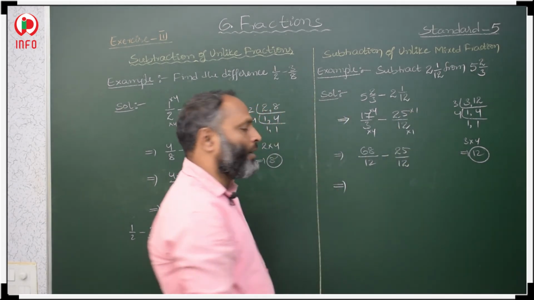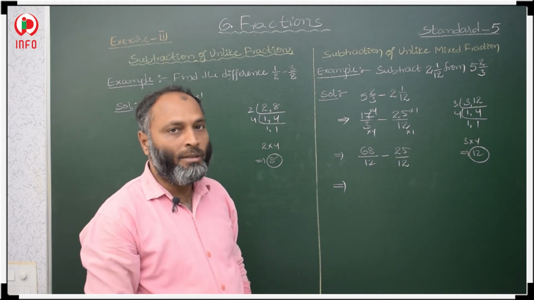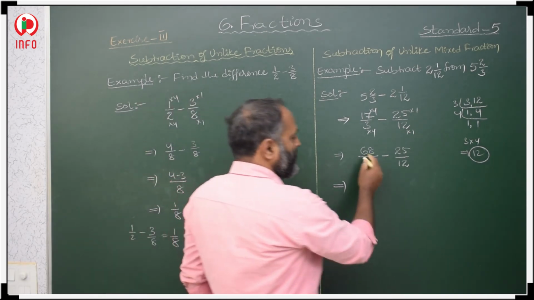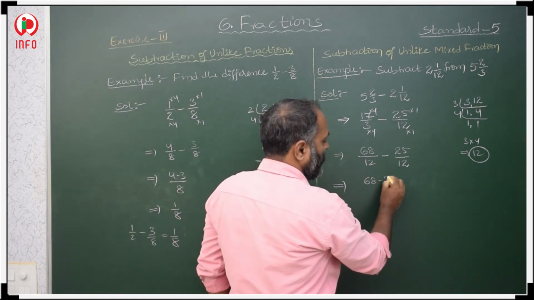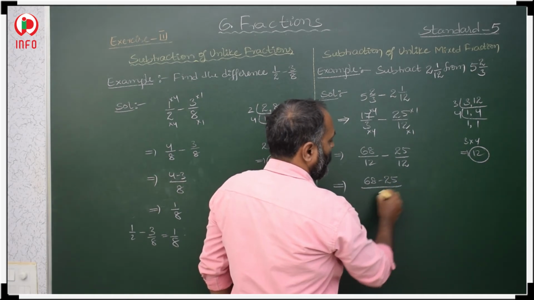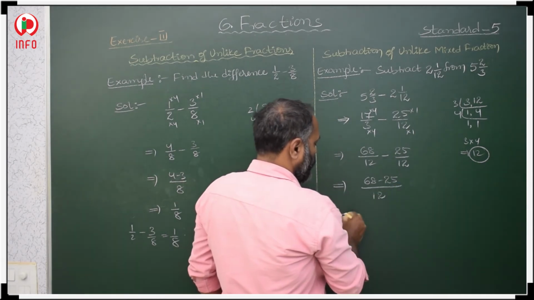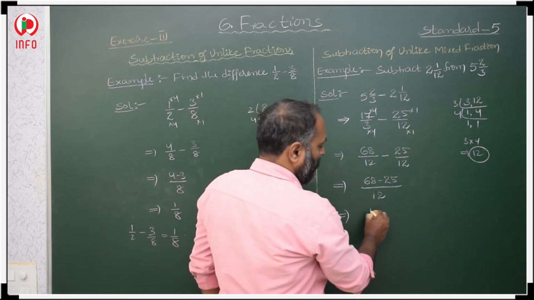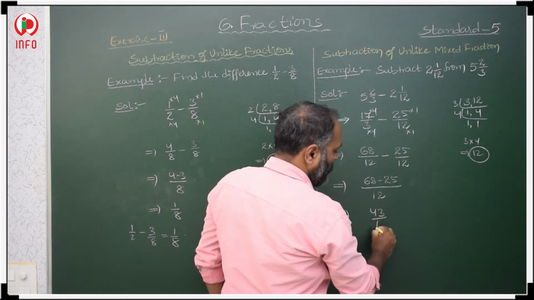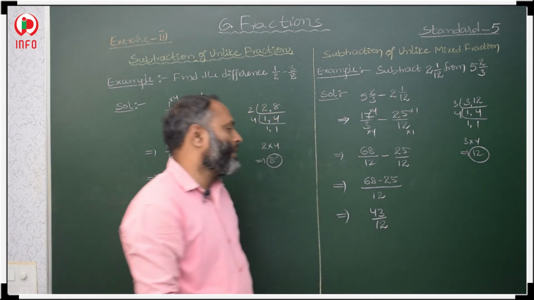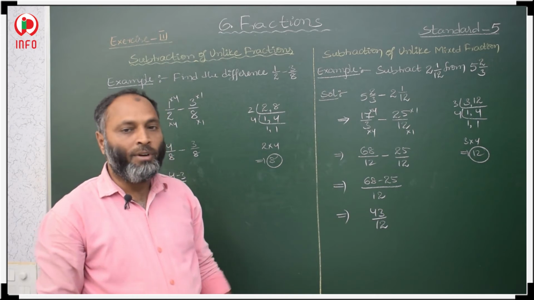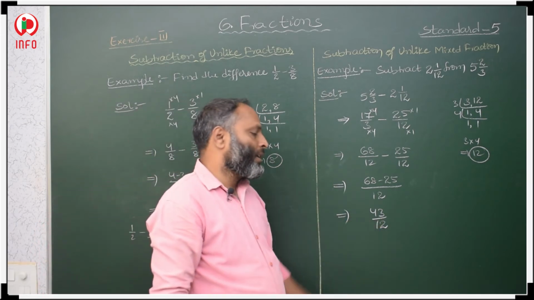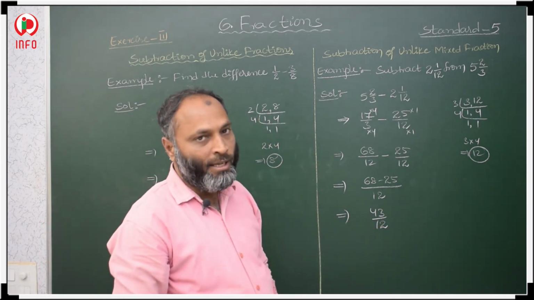Then how do we minus? Difference of the numerators, 68 minus 25, by the common denominator. 68 minus 25, how much? 43, so 43 by 12. This is an improper fraction.